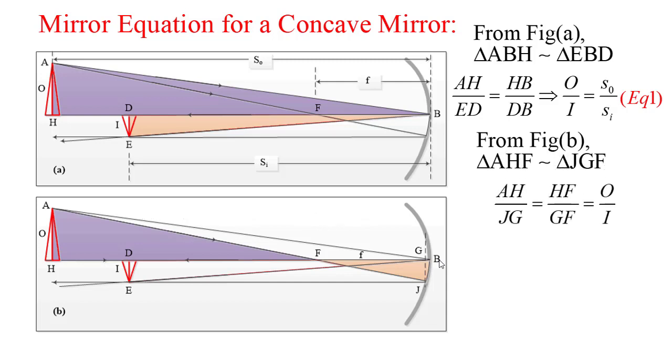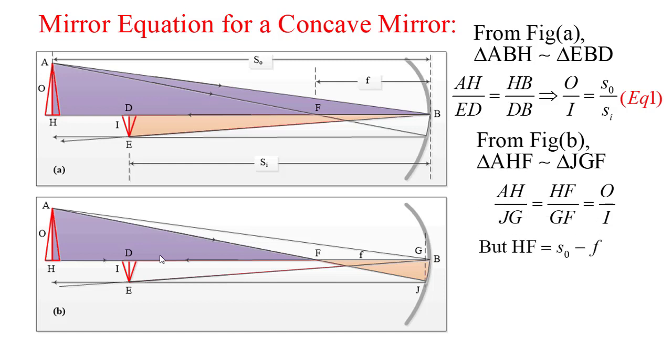And consequently, because these shaded triangles, triangle AHF and the triangle JGF are similar, and the corresponding ratios of a similar triangle must be proportional. From that, AH divided by JG is equal to HF divided by GF. Have a nice look at it, so that you can infer from these two shaded triangles. And consequently, O over I, that is object height divided by the image height must be the same.